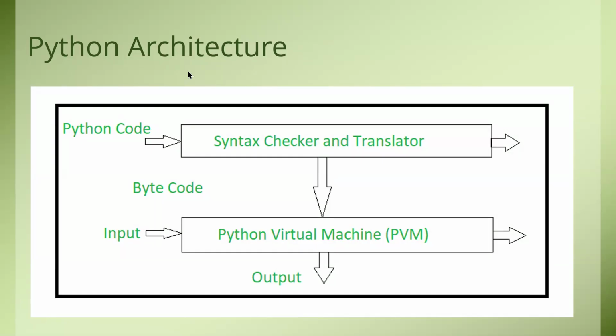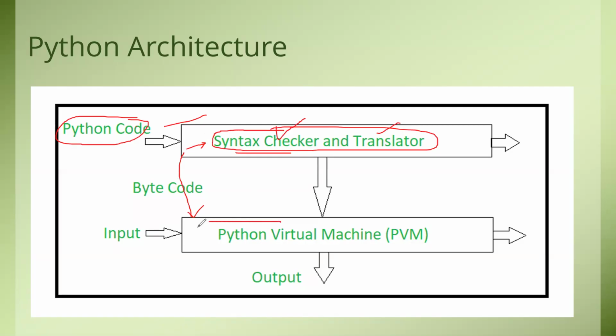This is the Python architecture. Once the code is ready, using the interpreter we can perform the syntax check. It checks whether the script we have prepared conforms to Python syntax, and if the syntax is valid, it converts the script into an executable. There is a component called the syntax checker and translator that checks the syntax and translates the code.